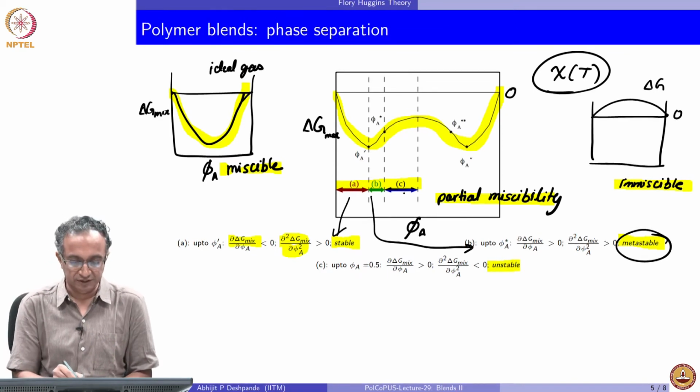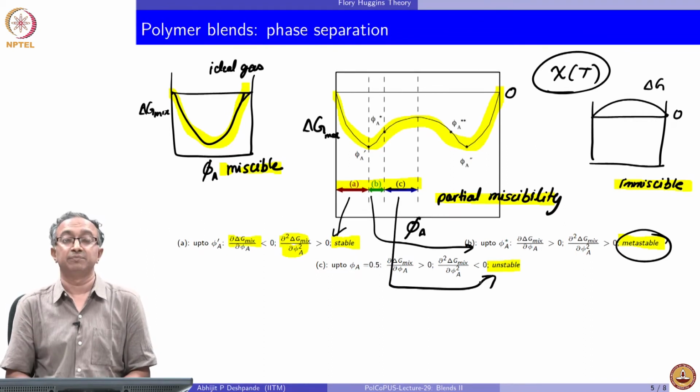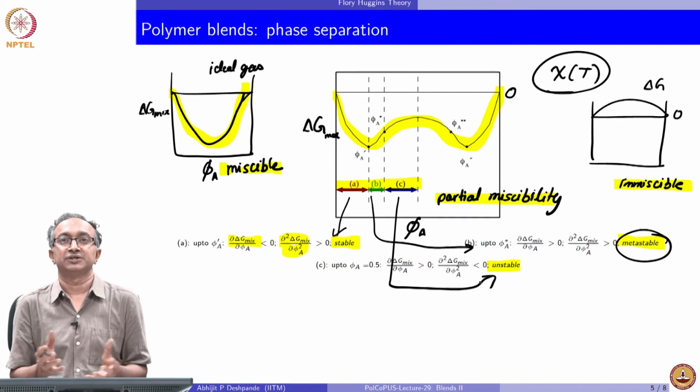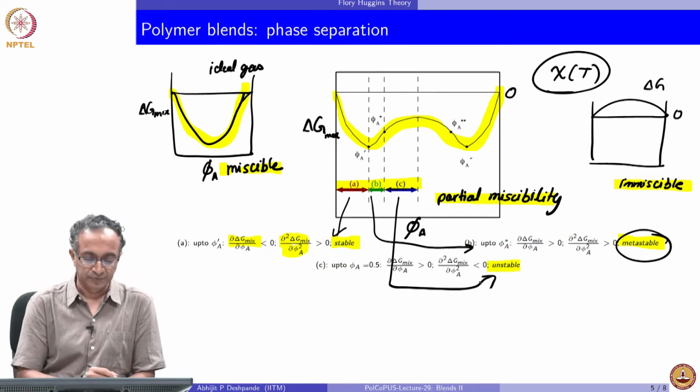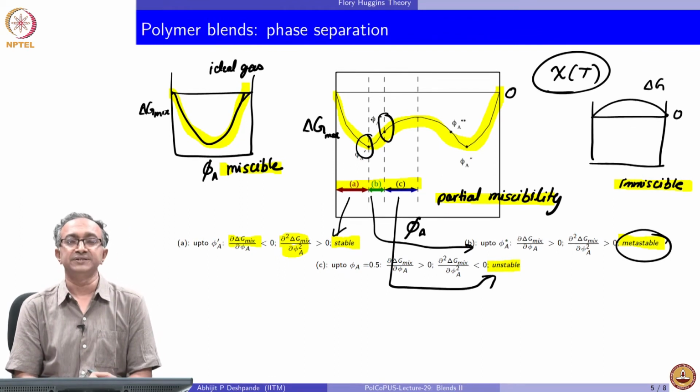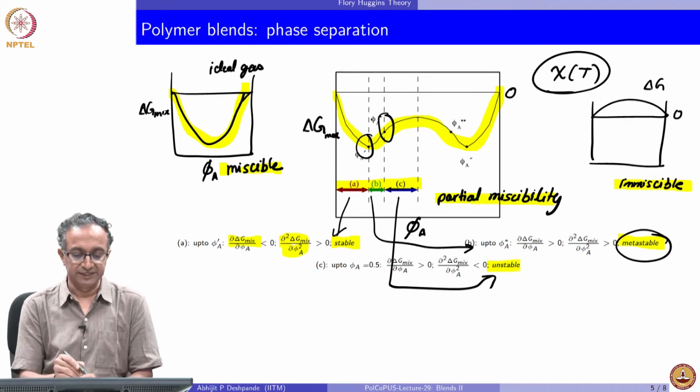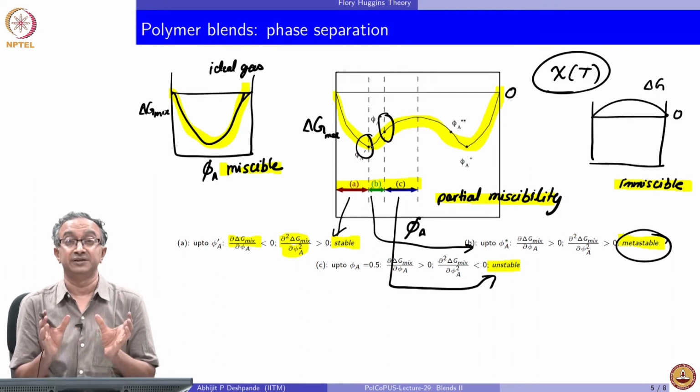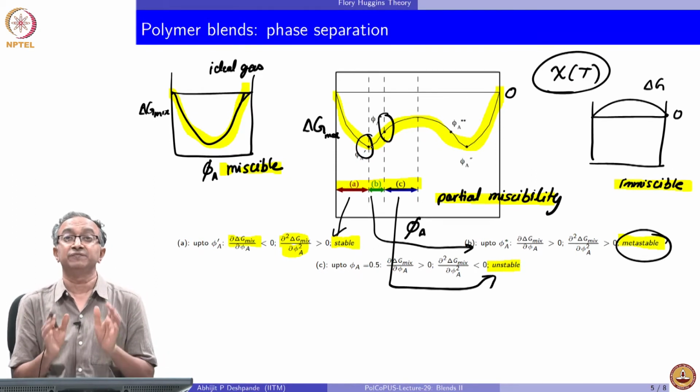And of course, in the case of the C region, we have an unstable state, so we will get phase separation into A-rich and A-lean phases. And so if you see here, what are being denoted are these points. One basically denotes the demarcation between A and B. So that's really the boundary of phase separation.